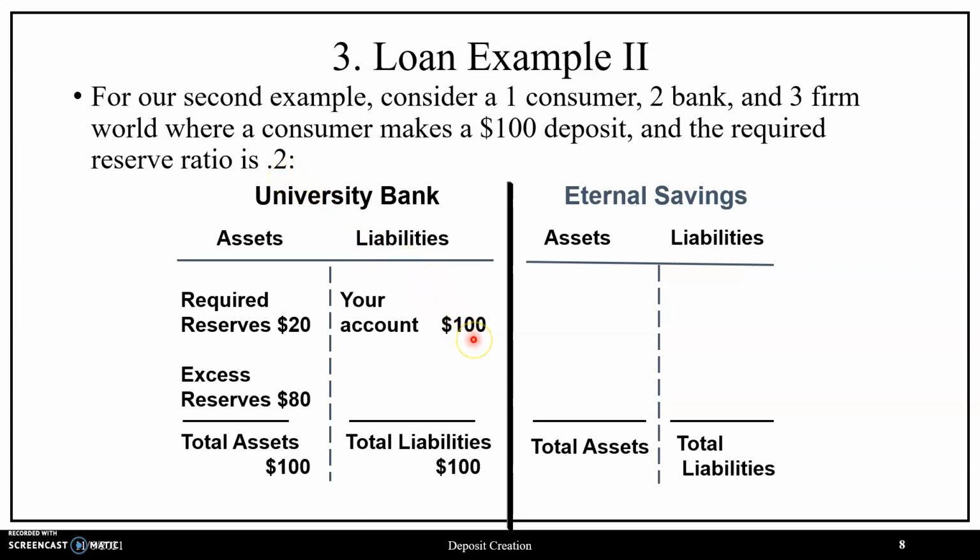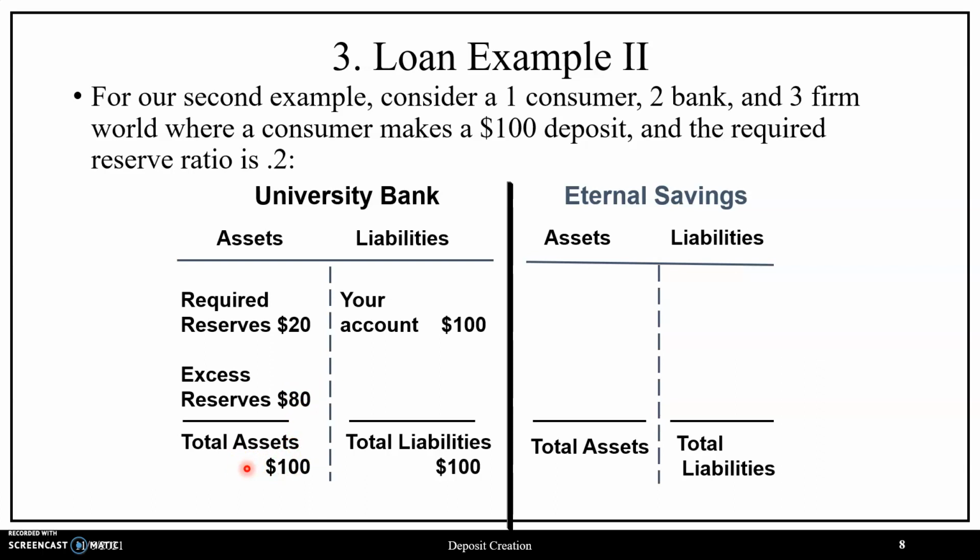So 20% of $100 gives us a required reserve amount of $20. Our excess reserves is going to be the difference between total and required. We know that total is going to be 100. Taking the difference between our required amount of $20, this gives us an excess reserve of $80, where if we sum our required and our excess, this then gives us our total reserve amount of $100 as expected.